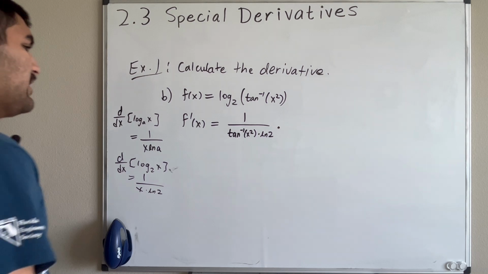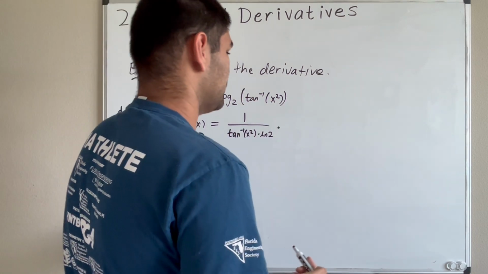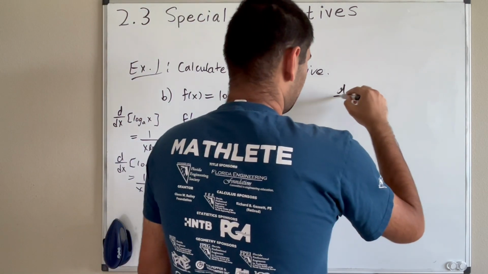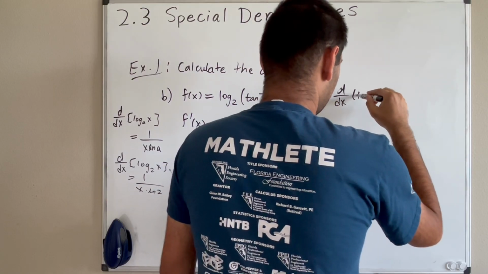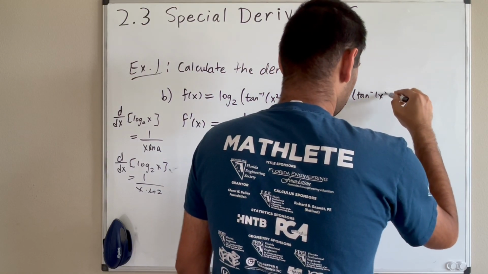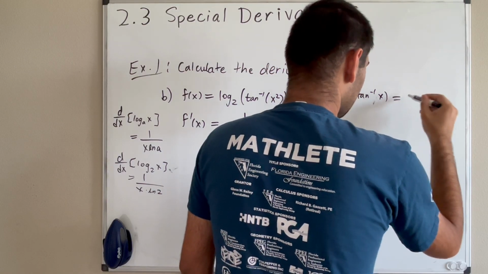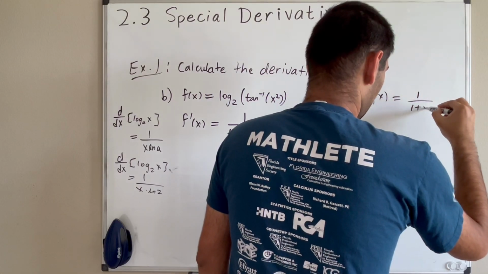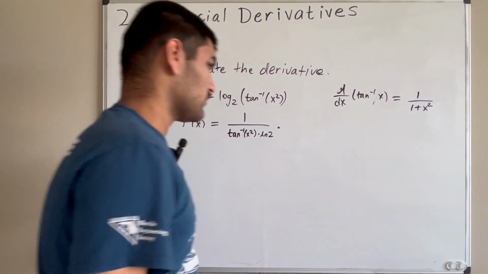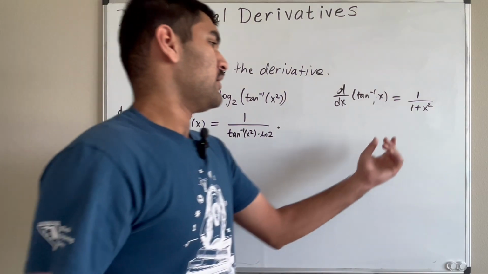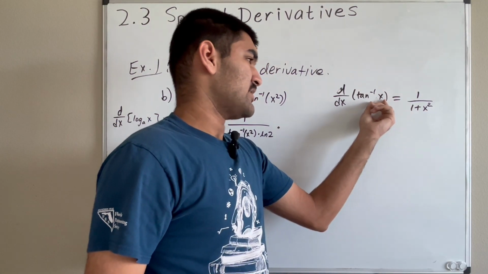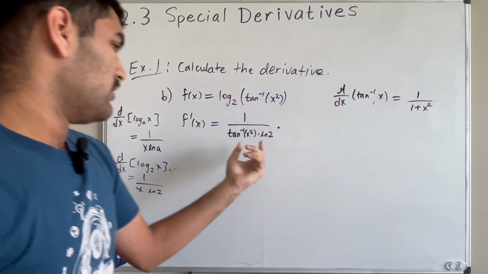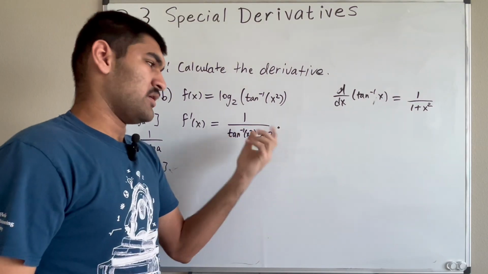So now we have to recall the derivative of inverse tangent. Well, we just went over this. The derivative of inverse tangent of x is simply 1 over 1 plus x squared. But again, here x is just the input of inverse tangent. Our input of inverse tangent here is x squared, not x.